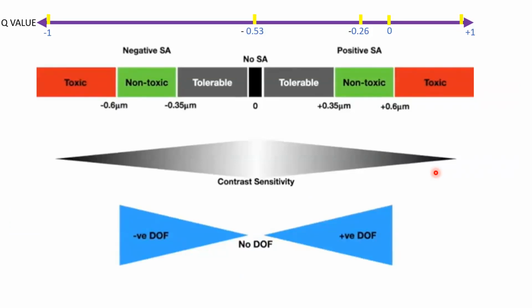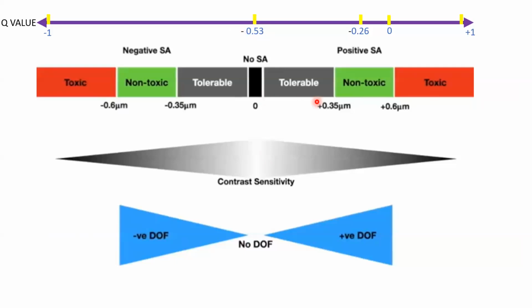So this graph is showing a lot of things. I'll slowly take you through it. Here we can see a graph of the Q value of a normal eye is somewhere around 0.026, and we have correspondingly non-toxic spherical aberrations. Like I mentioned before, if the Q value is minus 0.53, we will have no spherical aberrations. If the person has no spherical aberrations, the person is going to have fantastic contrast sensitivity.